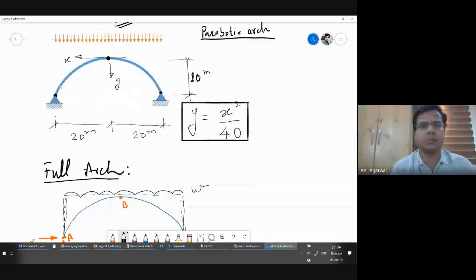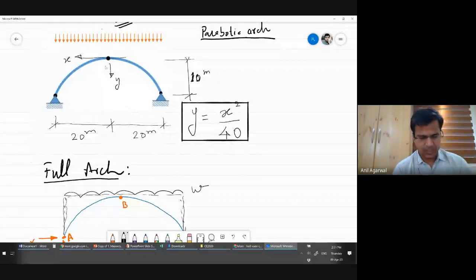What I want to do now is I want to know anywhere along the length, is there going to be any moment, any bending moment, right? That's what I want to know. And I assume that all of you have taken mechanics courses, so you should be familiar with the concept of bending moment, right? So I'll go step by step.